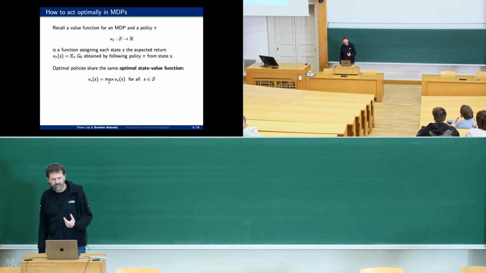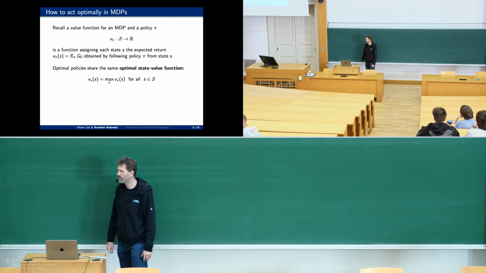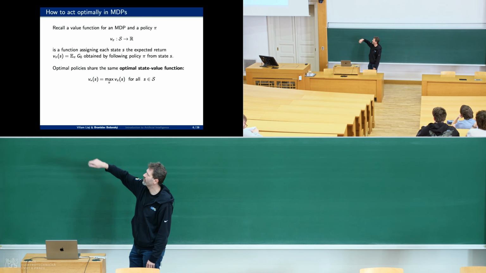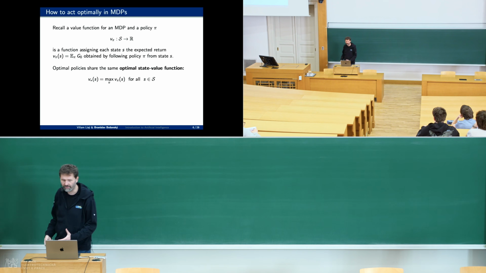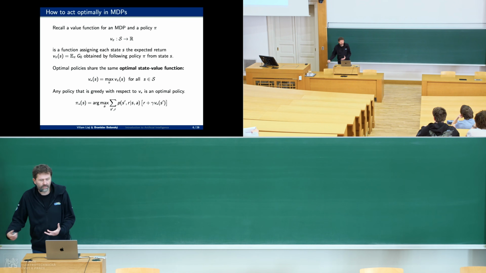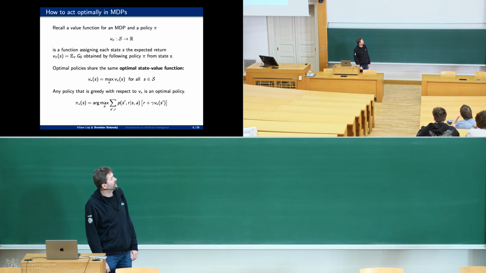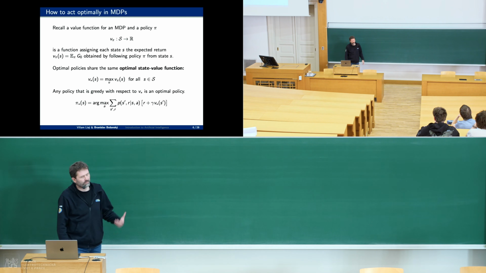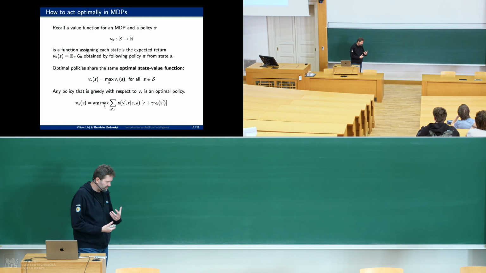The optimal state value function was the value function that was maximizing this reward for the states and for the agent, and following that optimal value function in a greedy manner basically gave us the optimal policy.